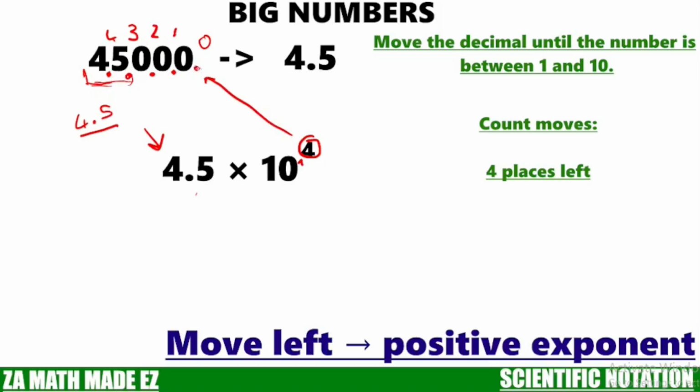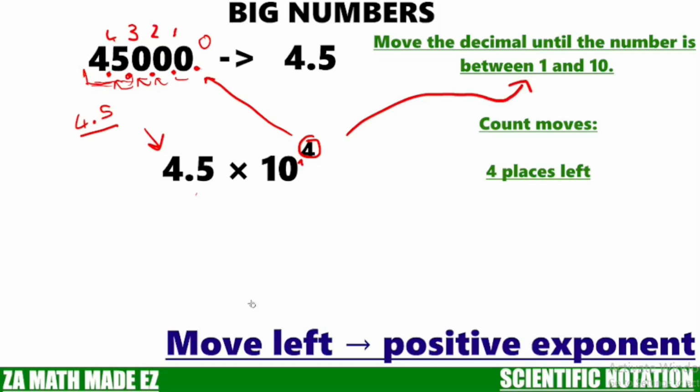We start here, this is 0, move here, this is 1, move here, this is 2, move here, this is 3, then we move here again, this is 4. Remember, we move the decimal 4 times, this is why the number over here is 4, or whatever number of times until the number is between 1 and 10.